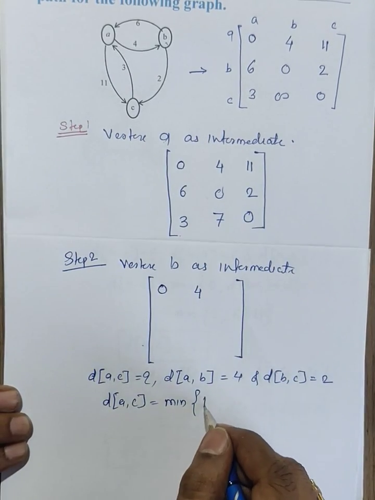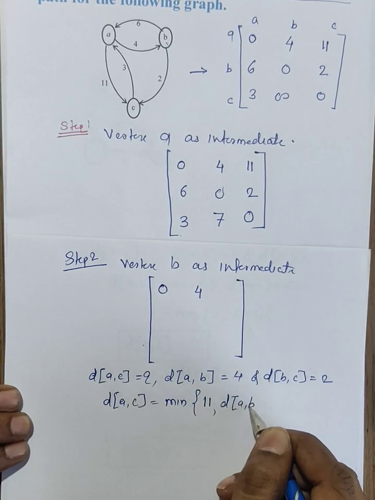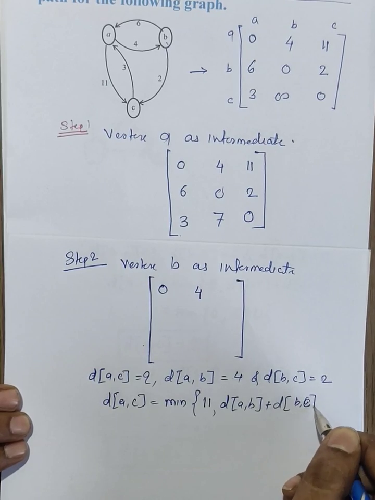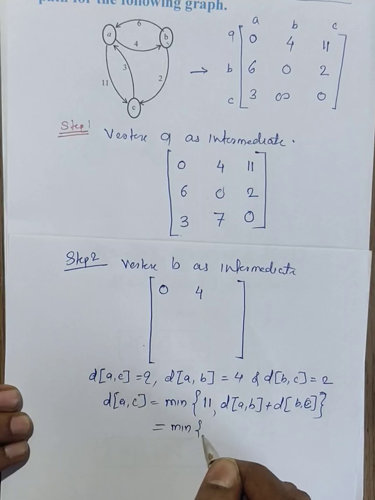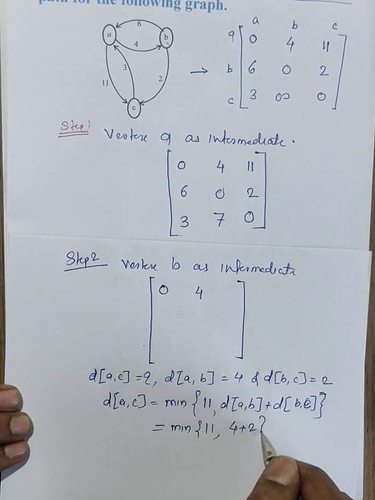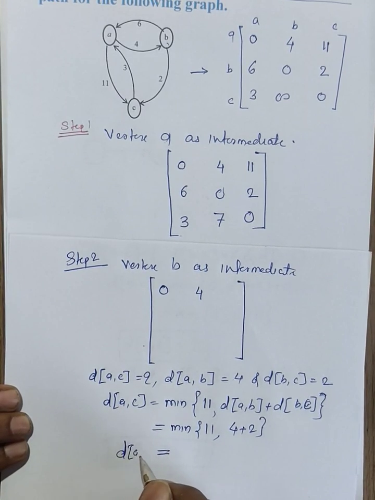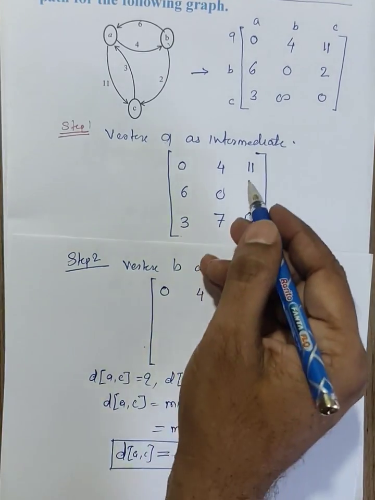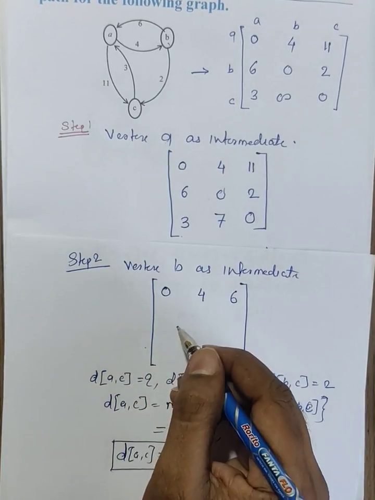Previous is 11. 11 comma, this is distance of A to B plus distance of B to C. And within this, minimum distance 11 comma, this is 4 plus 2. Means minimum distance is 6. Distance of A to C is 6. Means we can change this value. Previous is 11. This value we can change. This is 6.